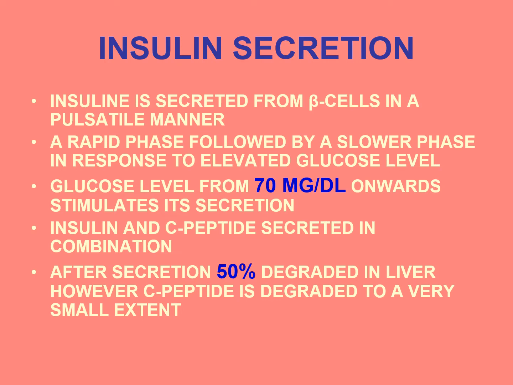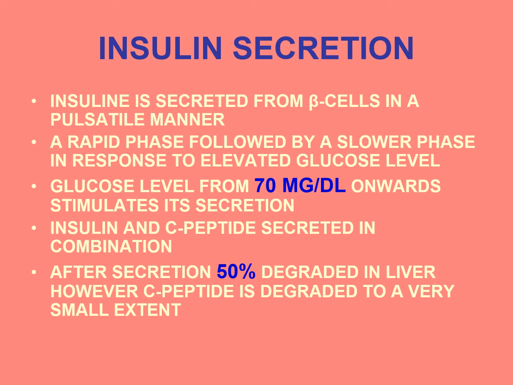The normal increase in insulin secretion occurs when the glucose level exceeds about 70 milligrams per deciliter, and onward this stimulation increases and it is secreted in the blood in co-molar concentration with the C peptide. This is a peptide which is secreted along with the insulin.